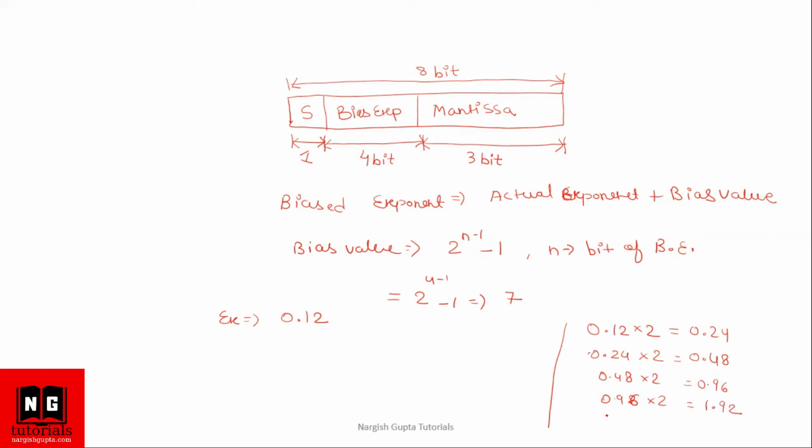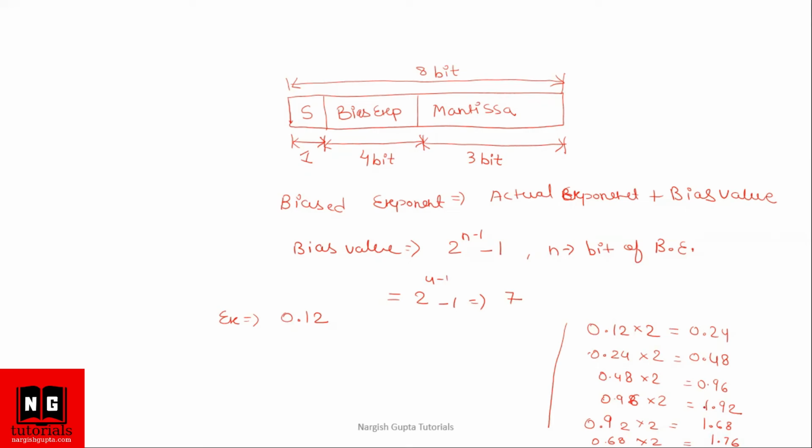We now multiply 0.92 by 2 and we get 1.84. Then 0.84 multiplied by 2, we get 1.68.